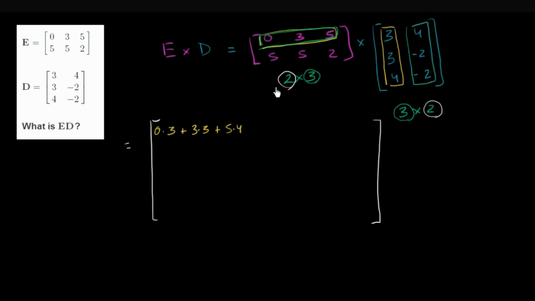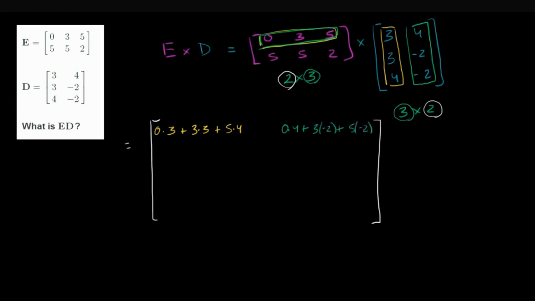Notice the entry is getting the row from the first matrix and the column from the second one. That's kind of determining its position. So once again, this is going to be 0 times 4 plus 3 times negative 2, plus 5 times negative 2.